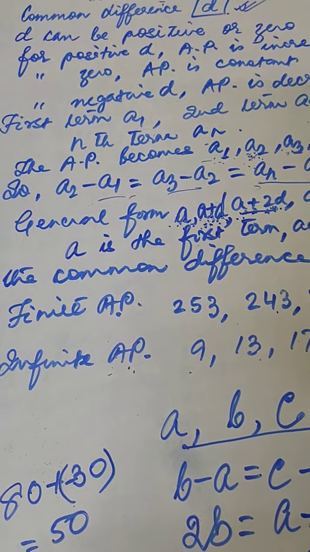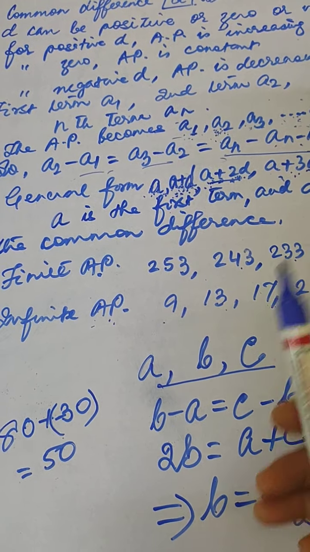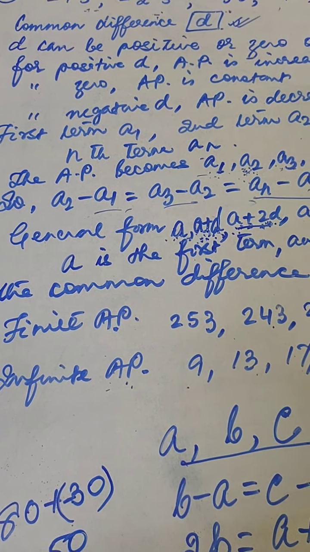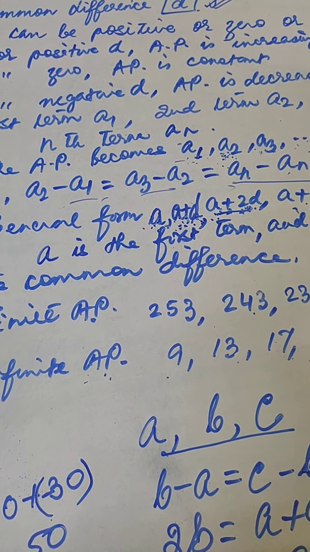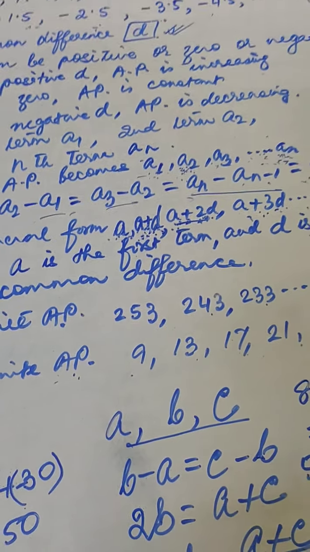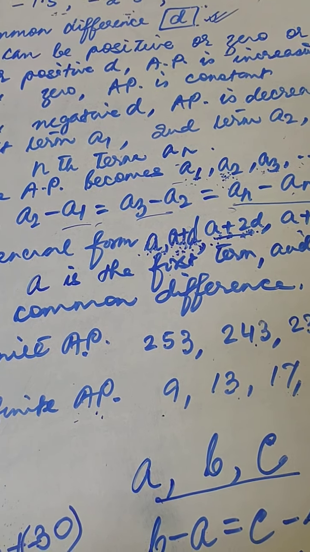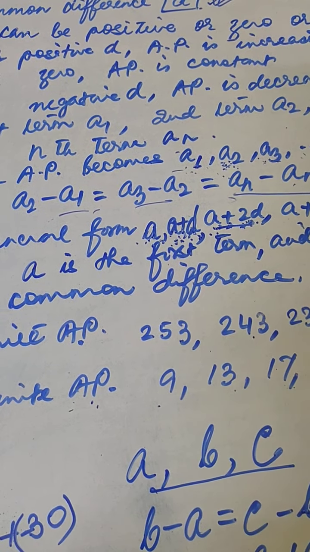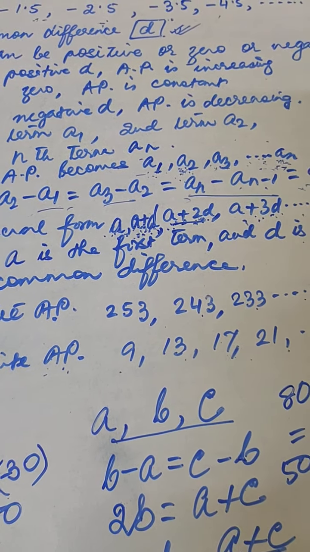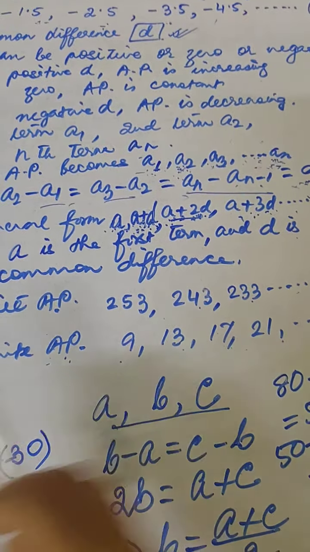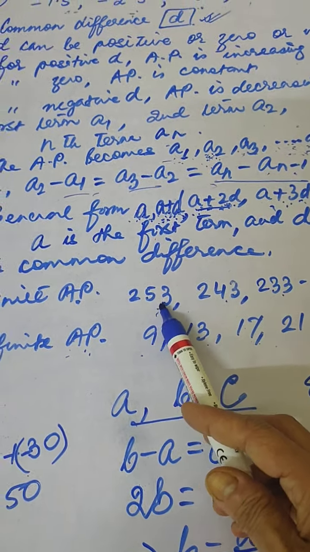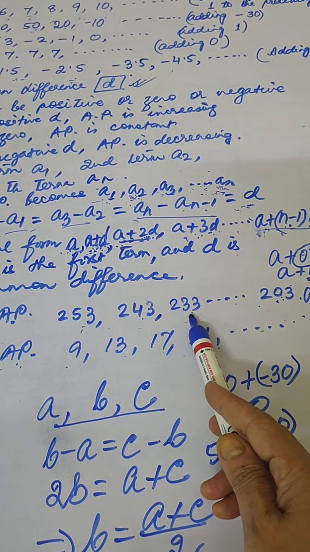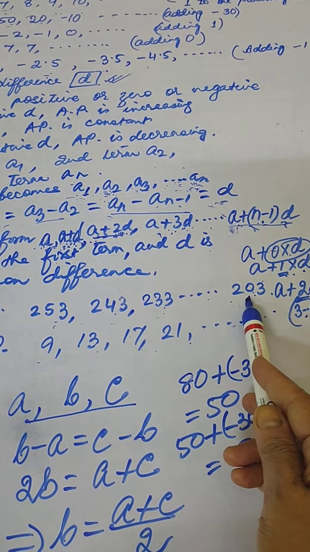Now let us discuss finite AP and infinite AP. What is finite AP? When there are only a limited number of terms in an AP, then we say that it is a finite AP. For example, 253, 243, 233, it is a decreasing AP, and the last term is 203.